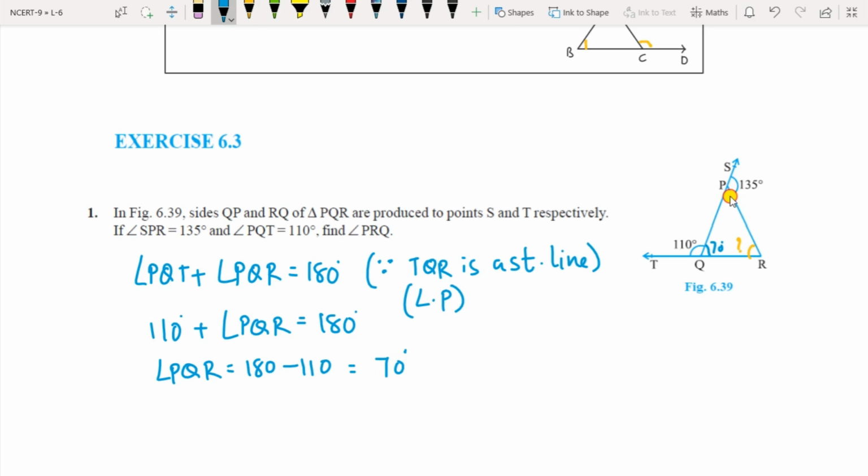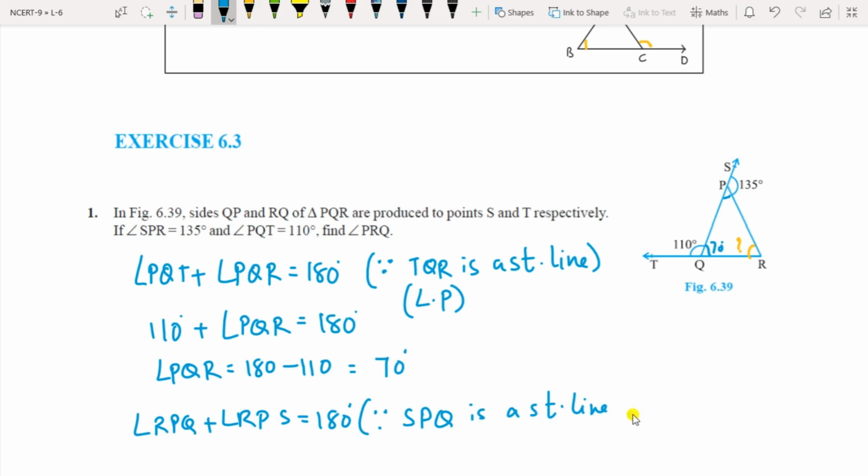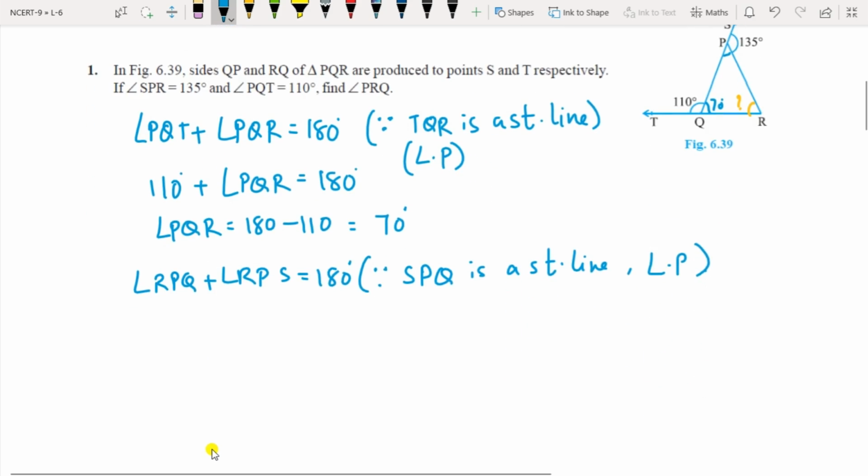Similarly find this one now, that is RPQ. So therefore angle RPQ plus angle RPS is also equal to 180. The reason is since SPQ is a straight line and therefore linear pair. Okay, so RPS is 135.